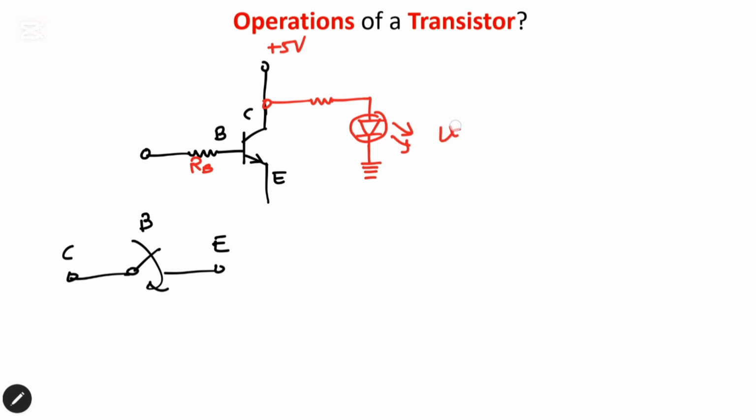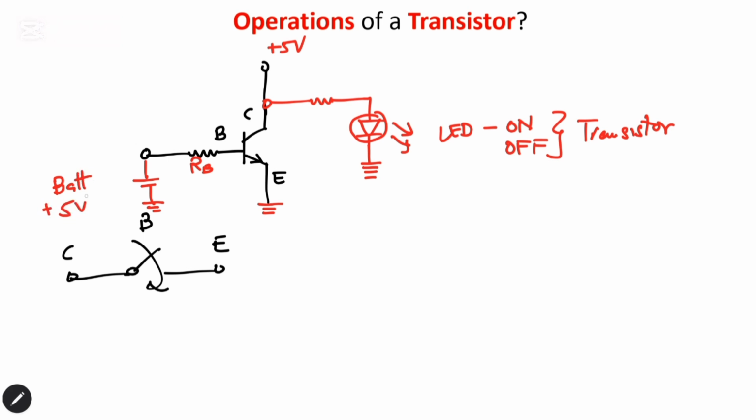So this LED we want to control, so it must be turned on and off using the transistor. So how can this be possible? Imagine we connect another power source in this region, for example a battery with a 5 volts potential. That means when we connect the battery, it will allow the current to flow through the transistor.